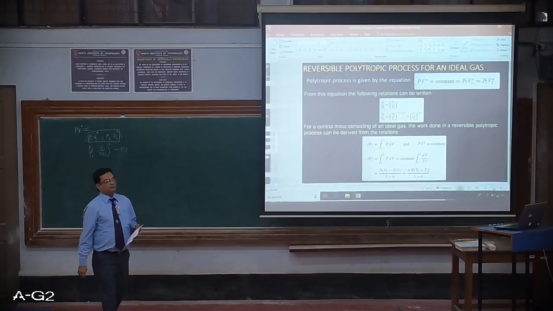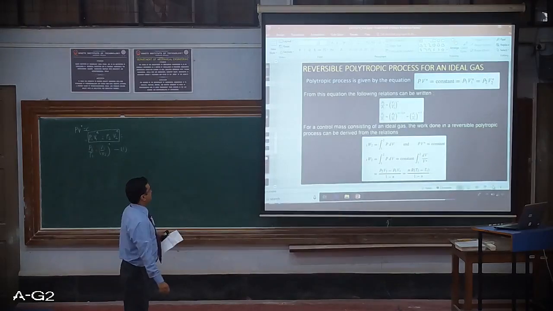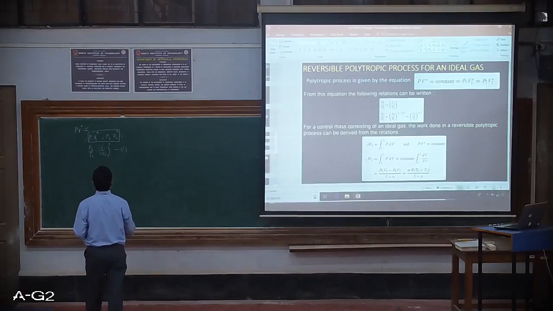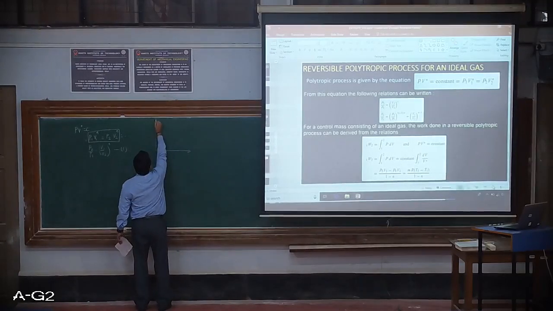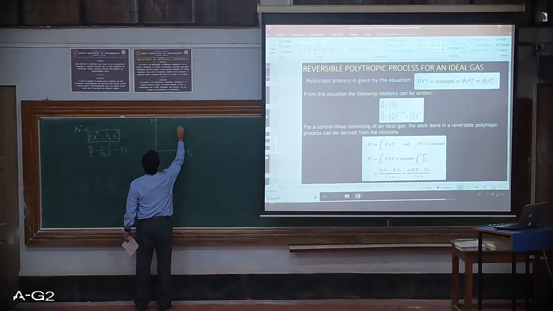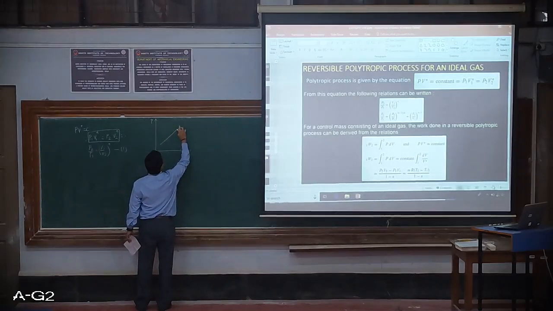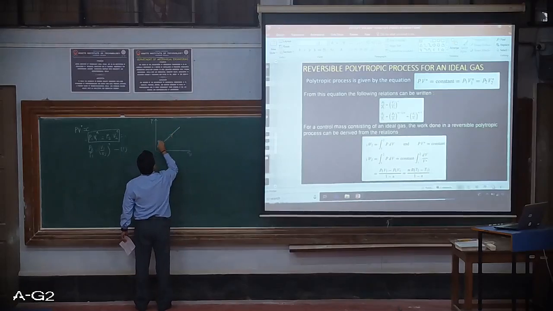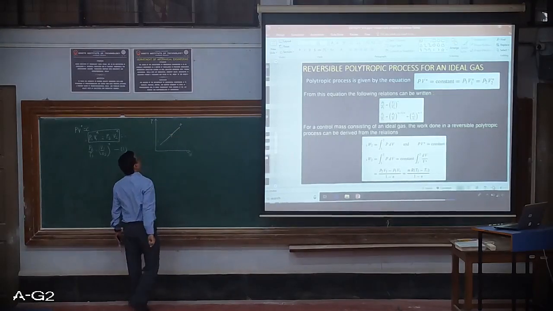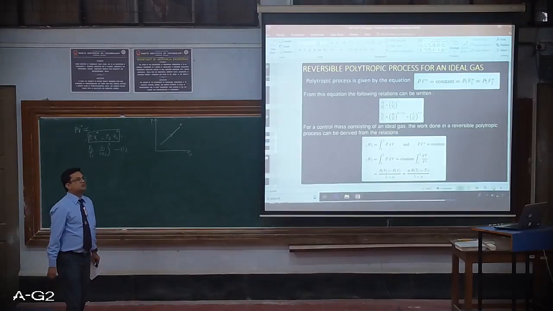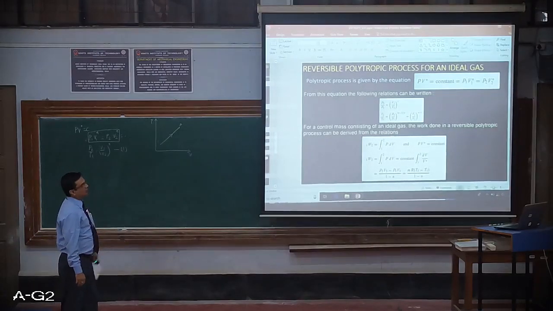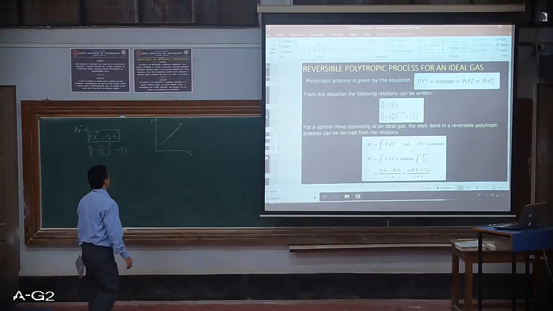Now from the ideal gas equation of state, when we apply it to a process, let's say I draw one process over here on a PV diagram, from state 1 to state 2, let it be an expansion or a compression process. How do we apply the ideal gas equation of state at various states of this process?